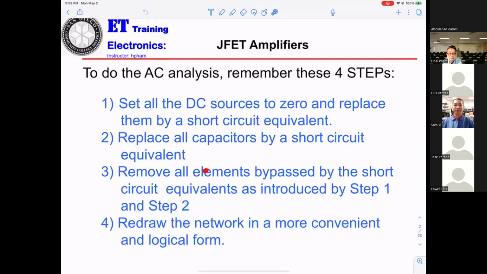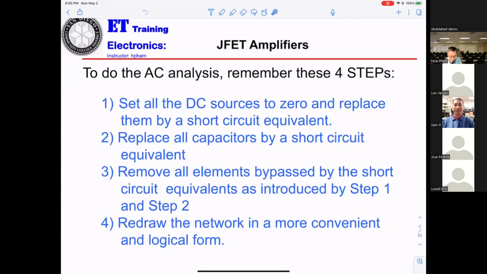Second thing, replace all capacitors by a short circuit equivalent. That's why when you're looking at the DC circuitry, you can see the capacitors C1, C2, or C3, but in the AC, you don't see any capacitors anymore. They are shorted, just like a wire.